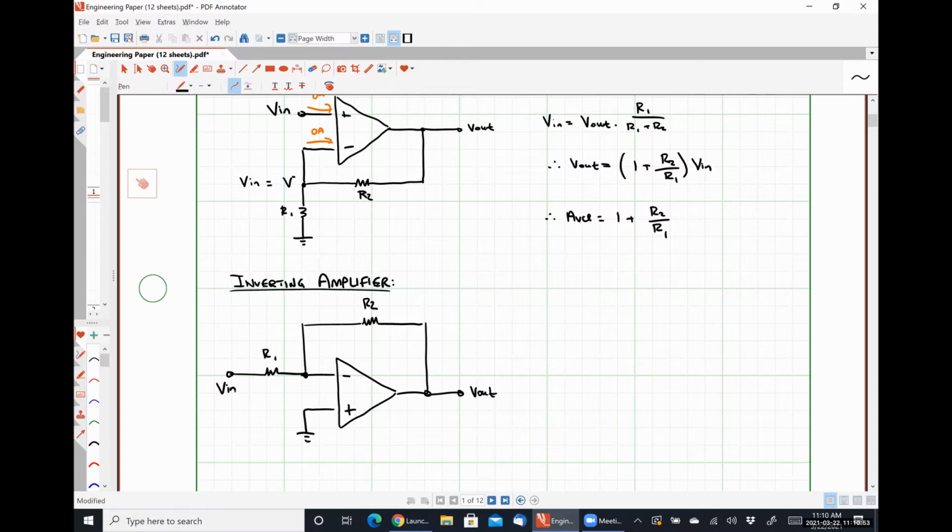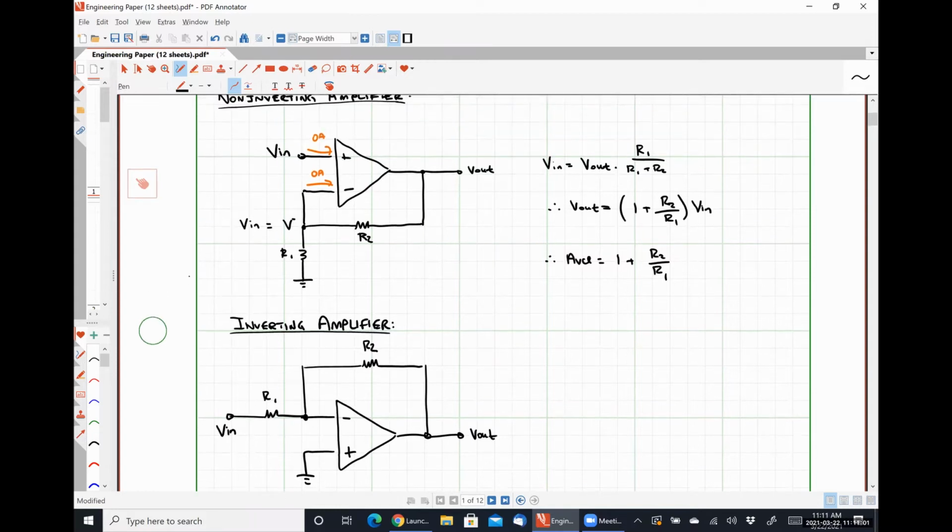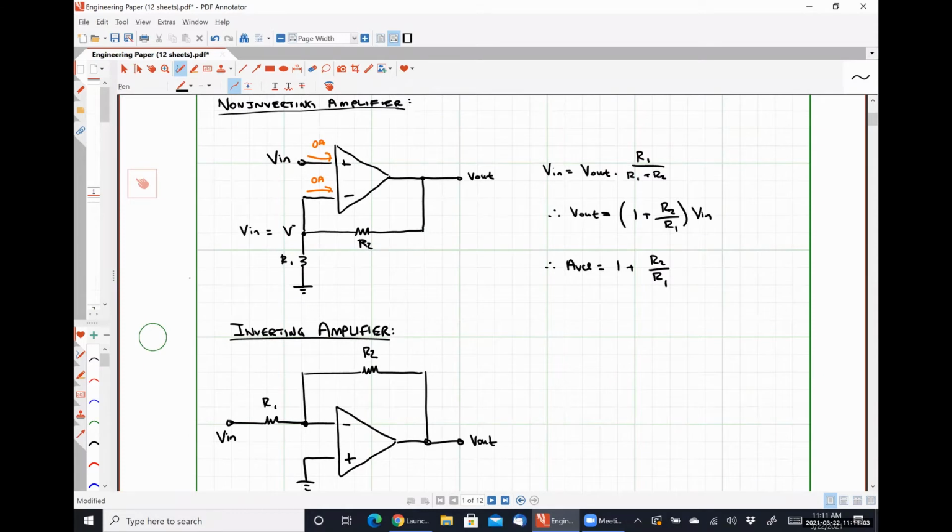So fundamentally, just to be real clear here, the difference between my non-inverting amplifier and my inverting amplifier is that I have transposed where I put ground and where I put Vin. So if I can get this table out of the way without causing it to collapse.